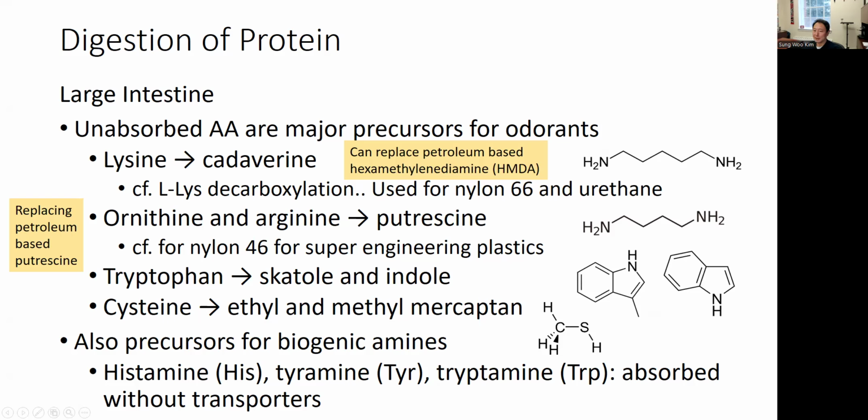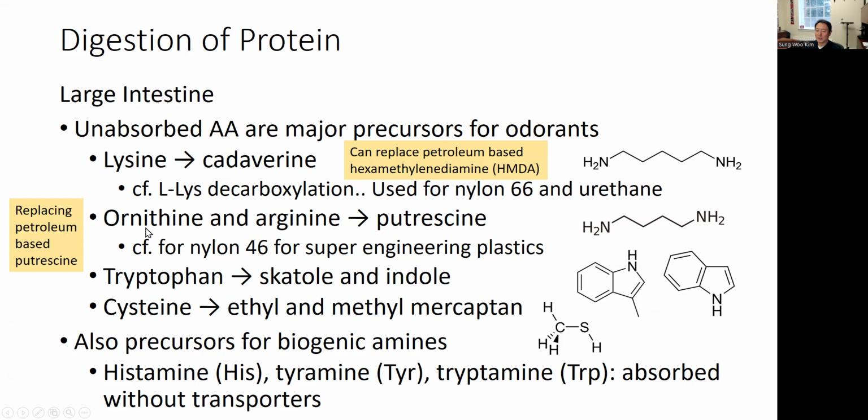microorganisms, bacteria, can utilize lysine, and this can be quickly converted to another compound called cadaverine. Cadaverine causes a very, very strong, unpleasant odor, the odor of the dead body, caused by the conversion of lysine to cadaverine by microbial fermentation.